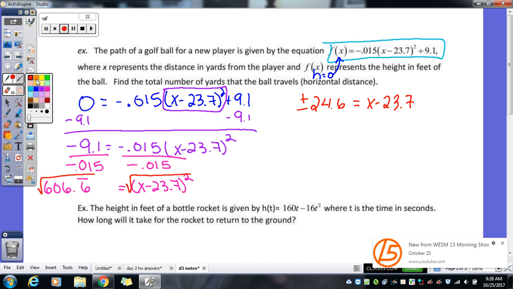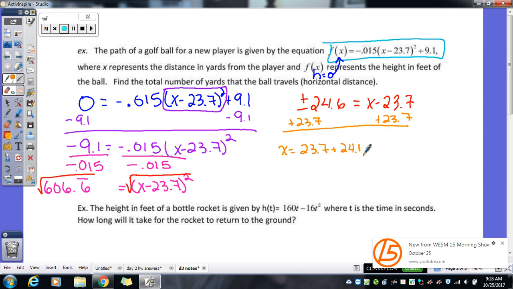So what do we want to do with our 23.7? Add it. So now to get our x value, we actually have to do both of them. So we have to do 23.7 plus the 24.6, and the 23.7 minus the 24.6. We have to actually get both answers.